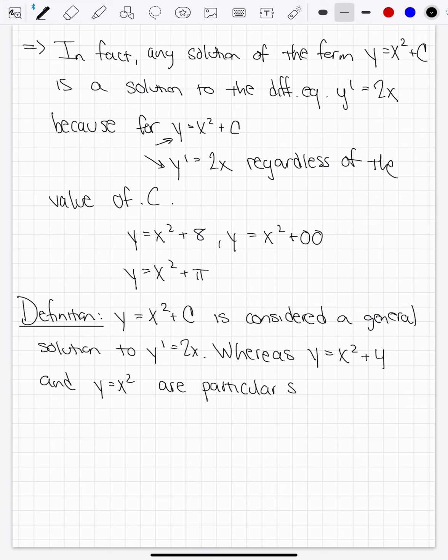So that is the difference: whether you're going with a specific constant or keeping the constant general in a general solution.